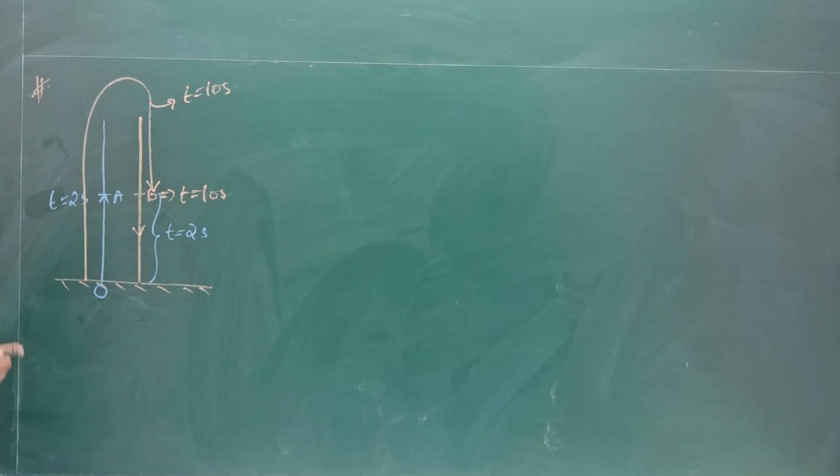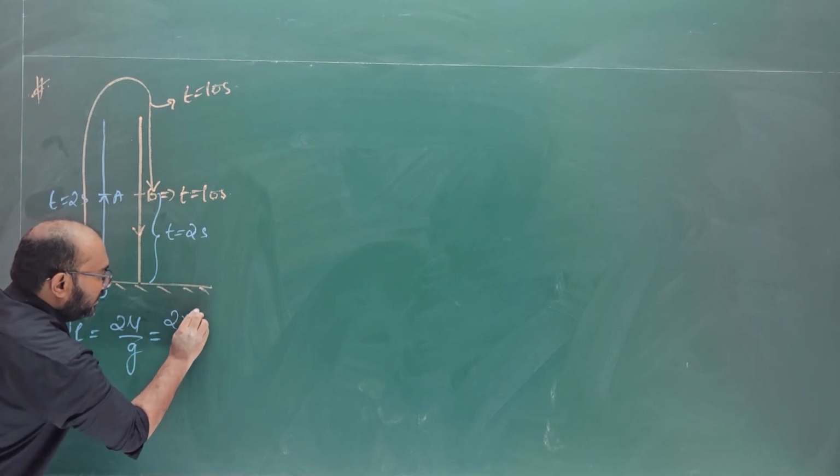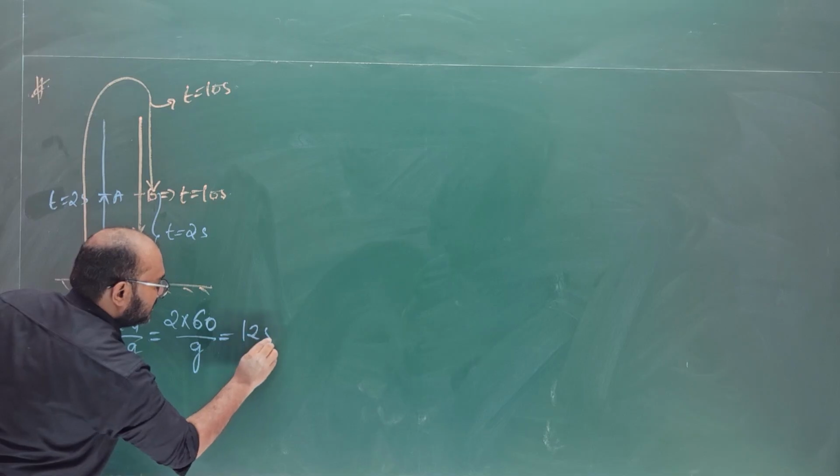Okay. So can I say that by adding T1 and T2, I will be getting the time of flight? Look carefully. Let us calculate that. Initially it is thrown with what? 60. Okay. So time of flight is nothing but 2u upon g, na? And this is nothing but 2 into 60, 60 upon g, that is 12 seconds.